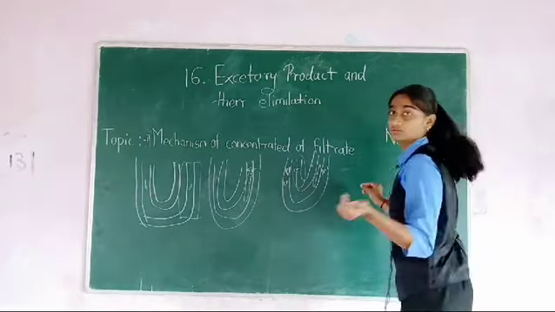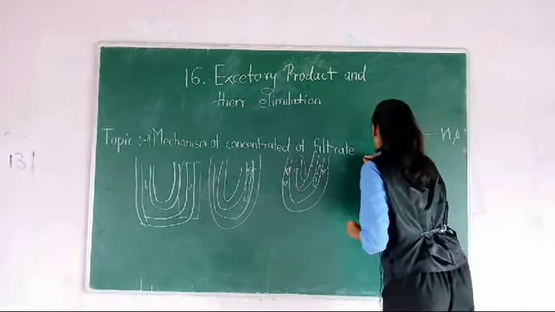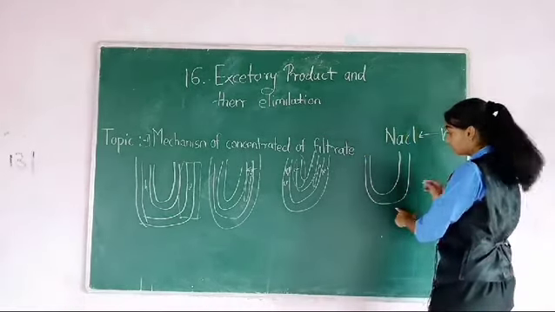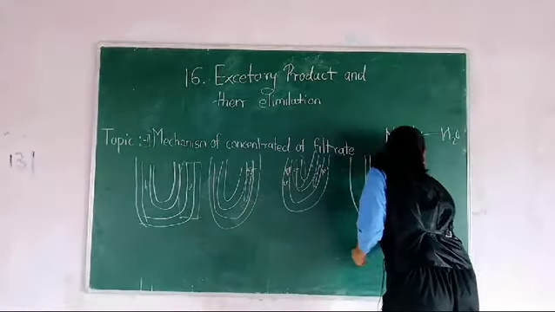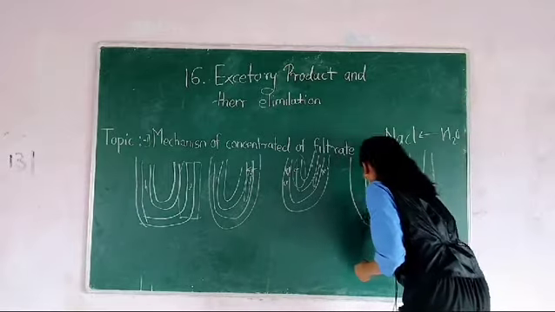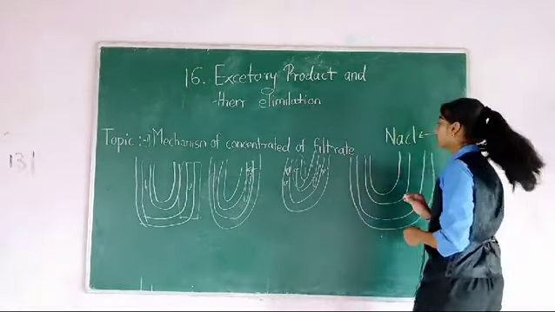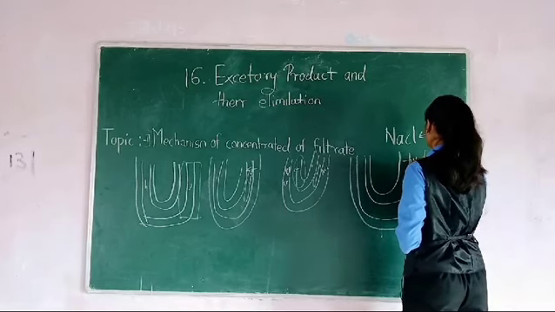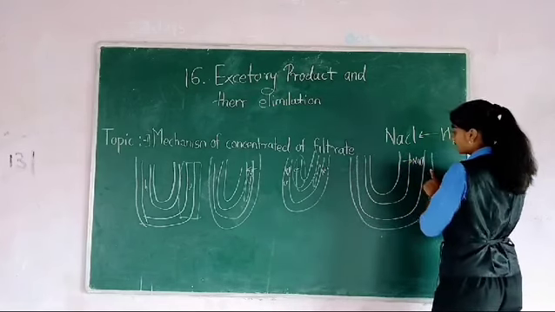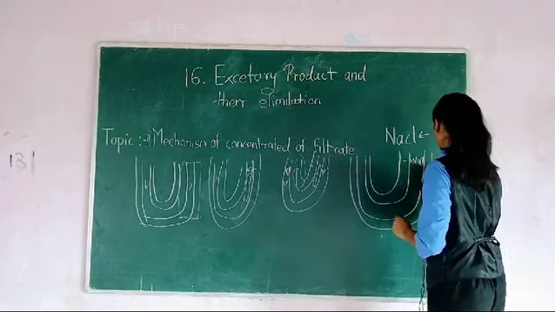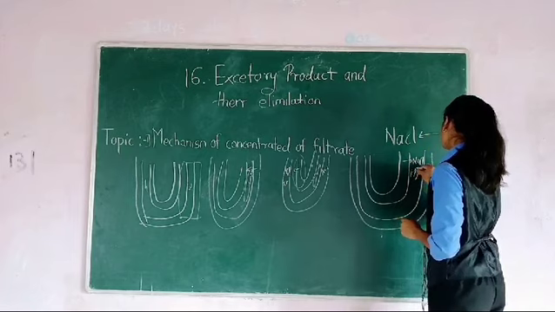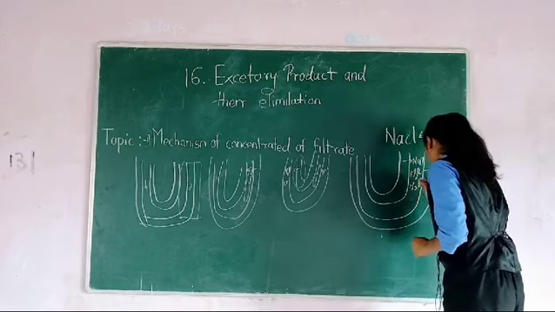So the main diagram will be this: this is the loop of Henle, and this is the vasa recta. The NaCl goes to the vasa recta, and the water gets out from the vasa recta; here is water.